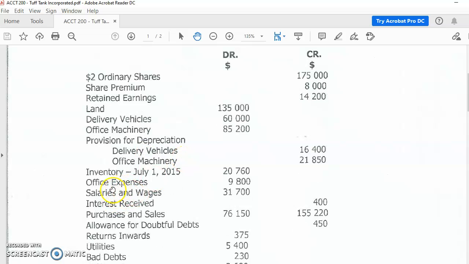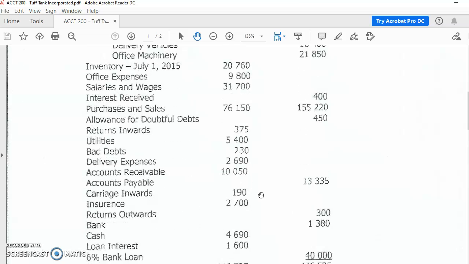When we come down, the next one we have is office expenses. So that will also be dealt with respect to administration. We have salaries and wages. But let's see what they say to us with respect to salary and wages.